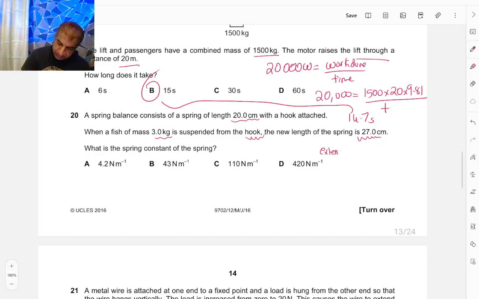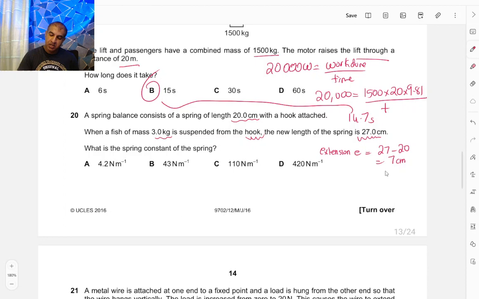Extension e is 27 minus 20, which is equal to 7 centimeter. Be careful, this is in centimeters, and we need to find the spring constant of the spring.